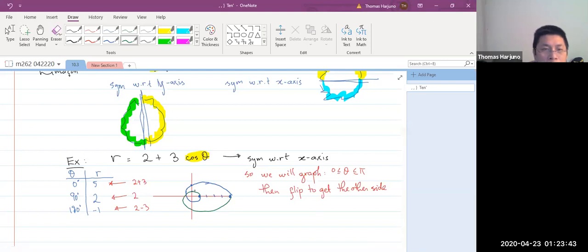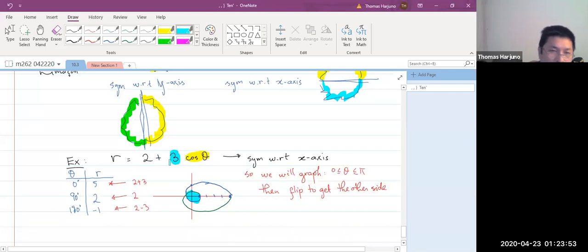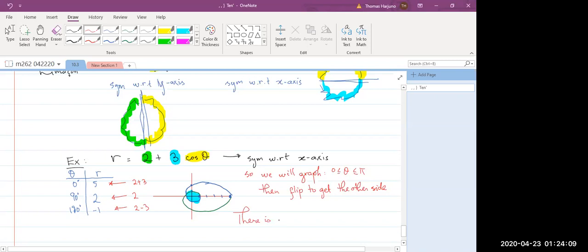Now notice we have a loop here. We have a loop because the coefficient of the cosine, or later on sine, is greater than the constant. So there's a possibility the radius becomes negative. Can you go over how to plot the points one more time?